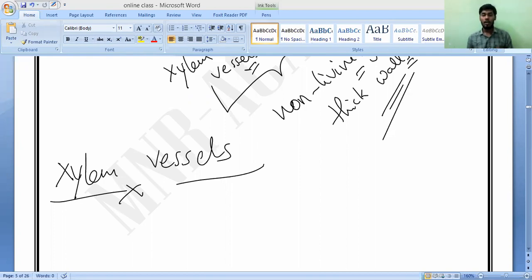For example, I will show you the picture. The diagram is also very important, so all of you should learn this diagram. I will show you both the tracheid and xylem vessels at a time.